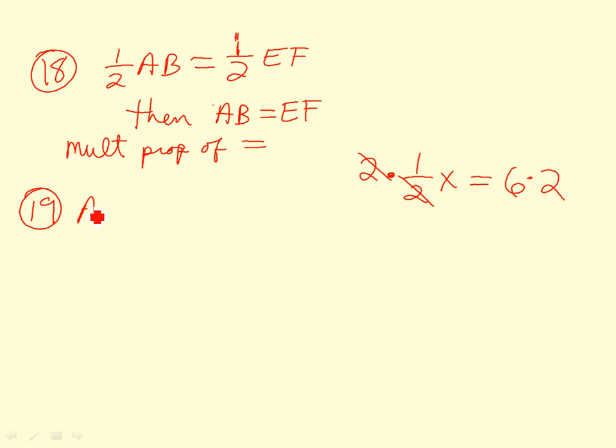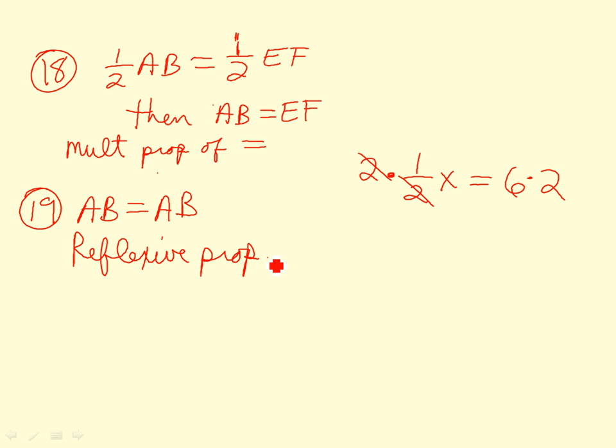19, segment AB equals segment AB. What property is that? Reflexive property. Anything equals itself. Later on in the year, you're going to enjoy reflexive property because that's one of the easy ones.